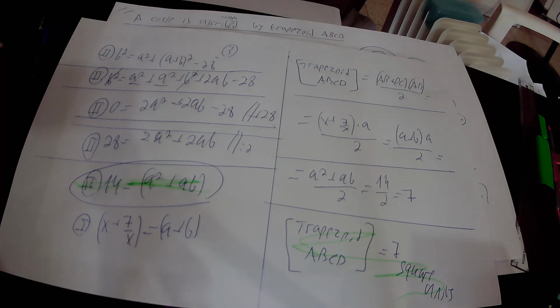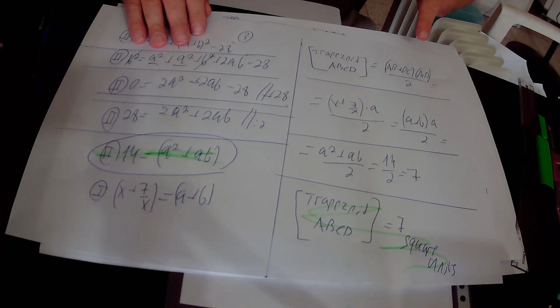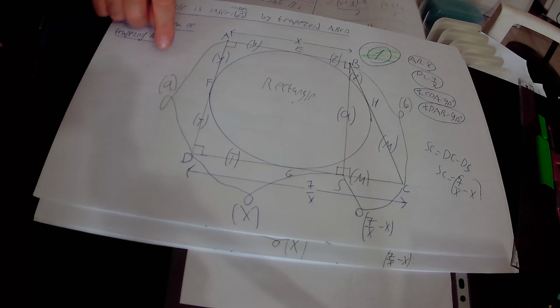Again, the area of trapezoid ABCD equals the sum of the two bases, that is AB plus DC, times the height, that is AD, over 2. AB is x and DC is 7 over x, according to what is given in the question. AD is a according to our definition.